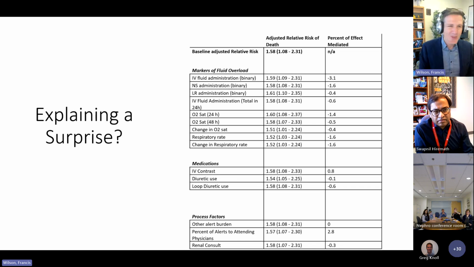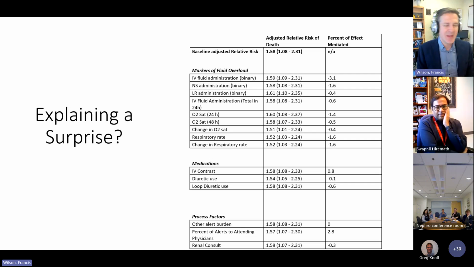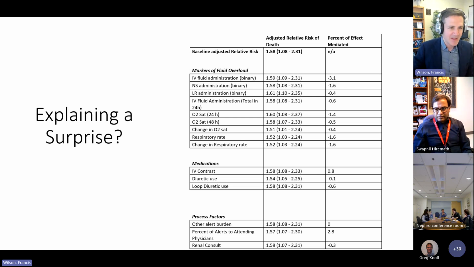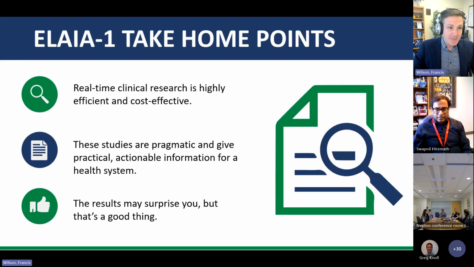You alerted, there's probably a bunch of things, people paid more attention, they just kind of took more care. And in some patients, maybe it was a medication, and in some patients it was something else. And you're never going to pick out one thing that mediates the benefit of an alert. And if you would have been willing to say that, you probably have to be willing to say the opposite of that, which is that it might be hard to pick out one single thing that mediates the potential harm of an alert.